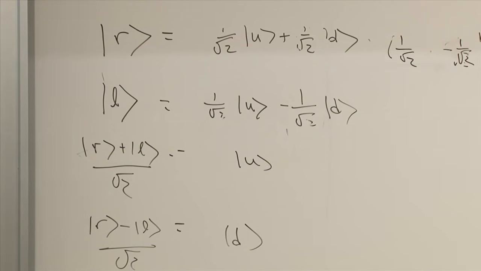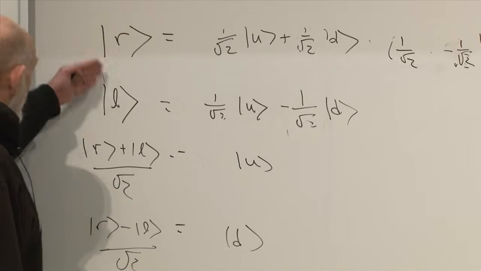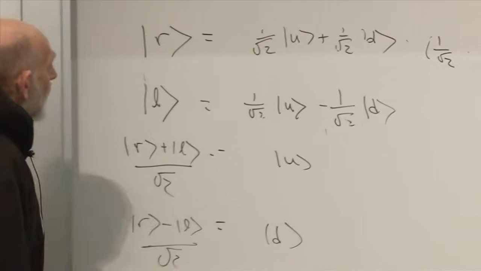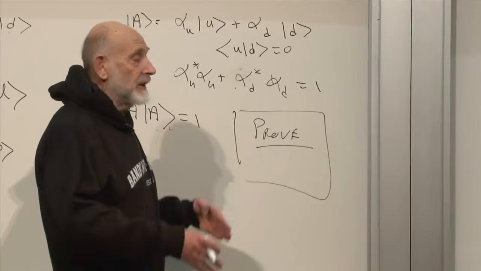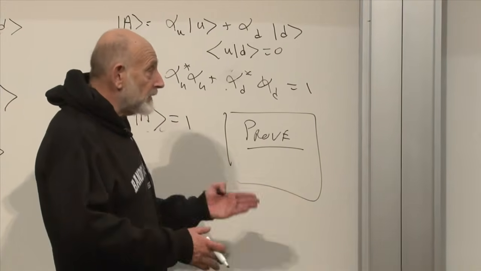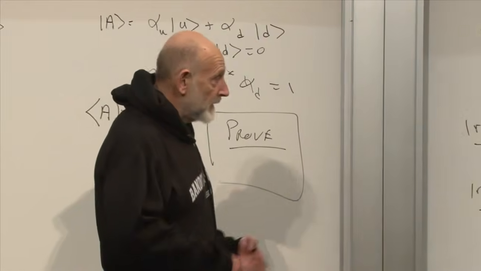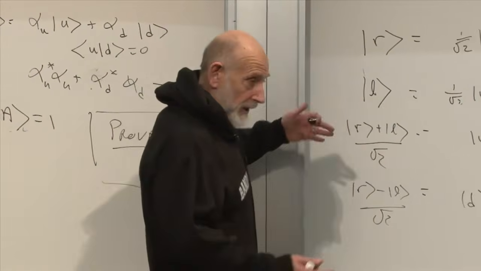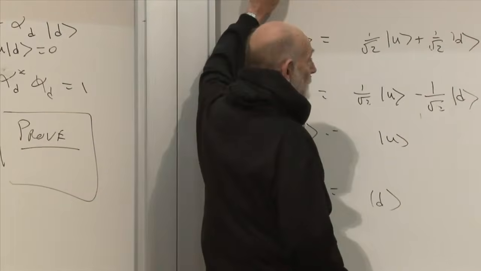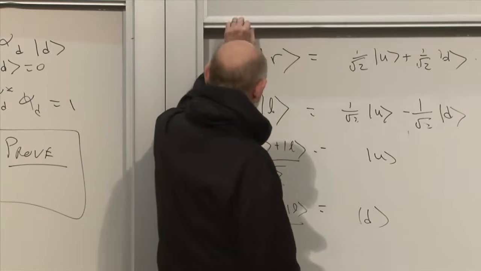Is there a third pair of vectors, in and out, which stand in the same relationship to right and left and to up and down as they stand to each other? Is there a third combination which is symmetrically defined? All right, let's put it up here.